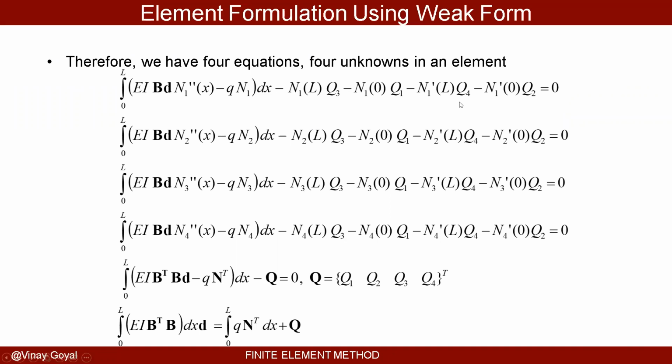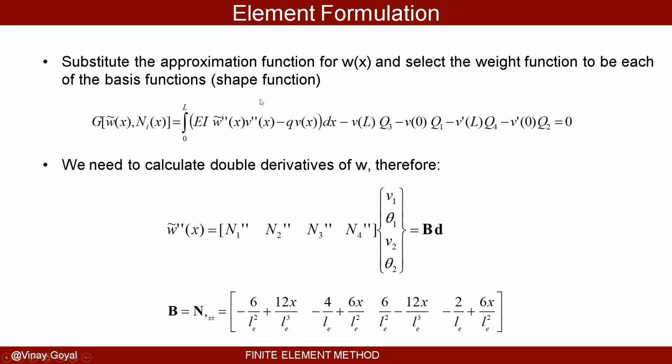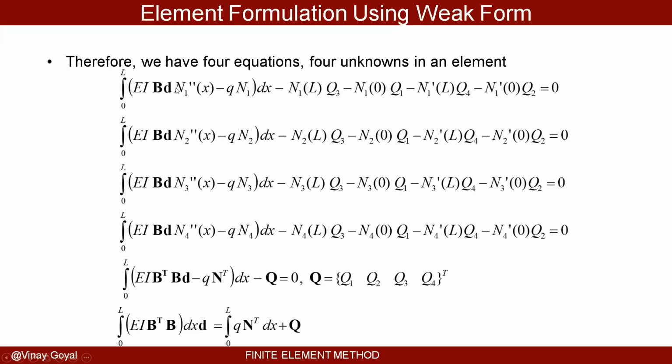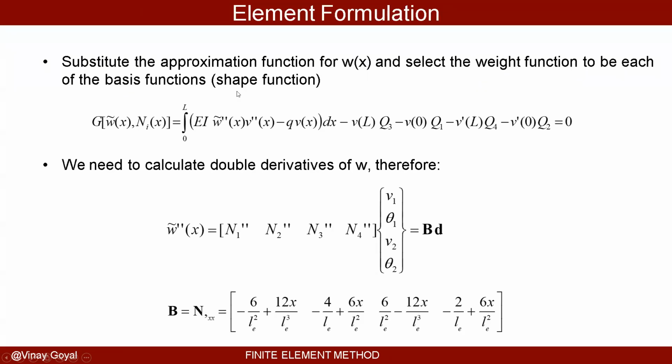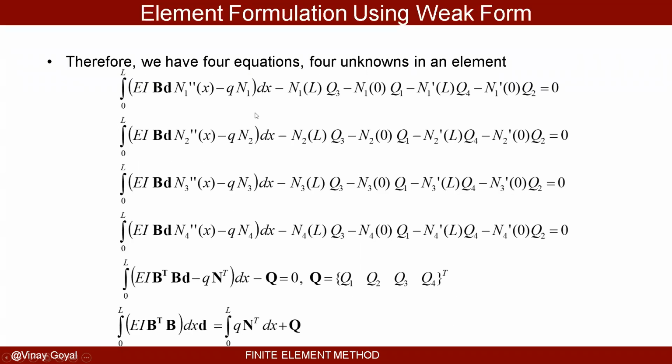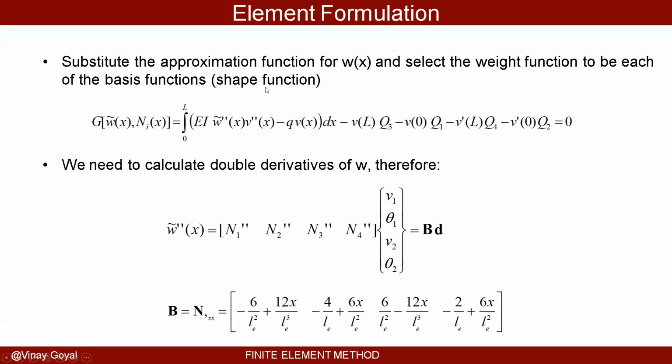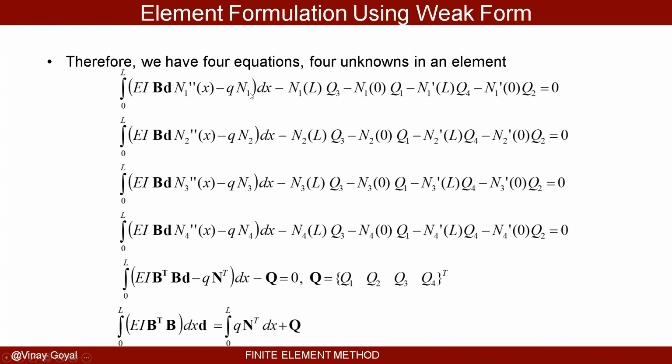So for the first equation, I have a W double prime here, and W double prime is B bold times D bold. I already showed you how we find that. So that's what I did. For W double prime, we have B bold, D bold. Then I have this V double prime, and for V, I have to plug in N1. So I have N1 double prime there. For this one, I have N1 there, so Q times N1.